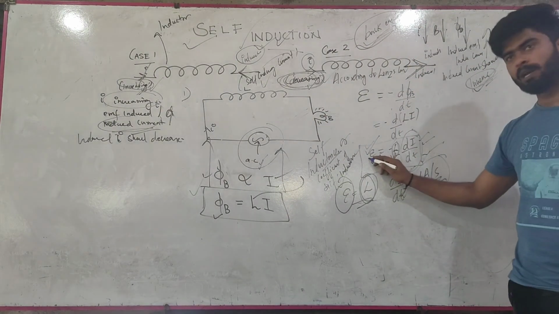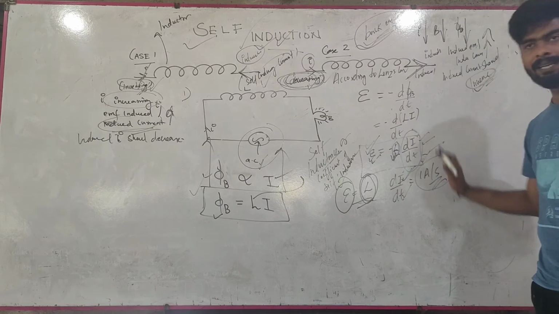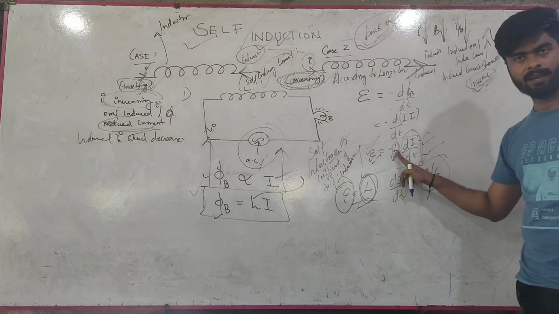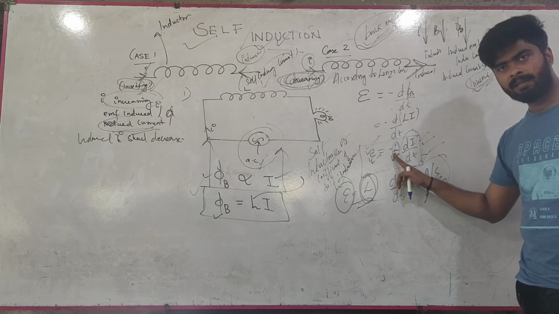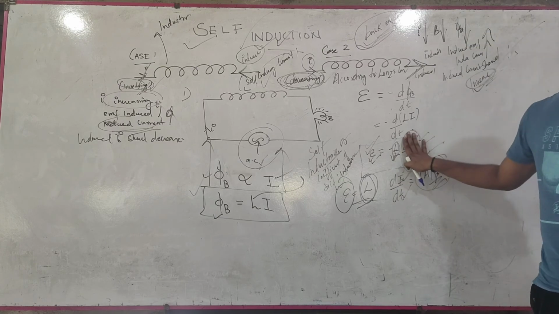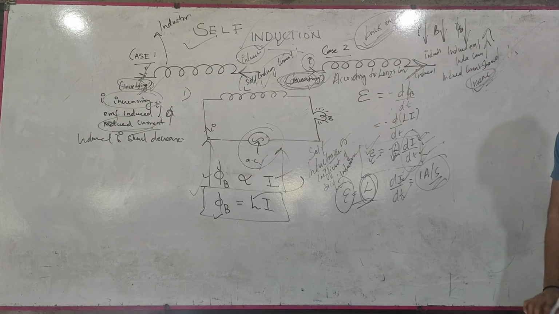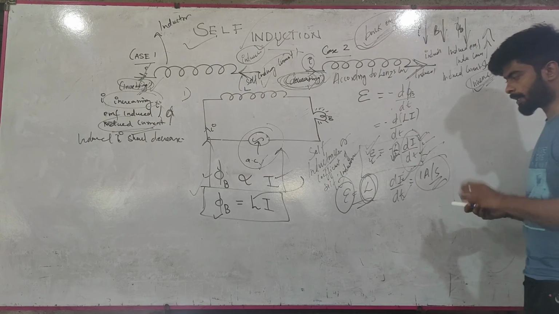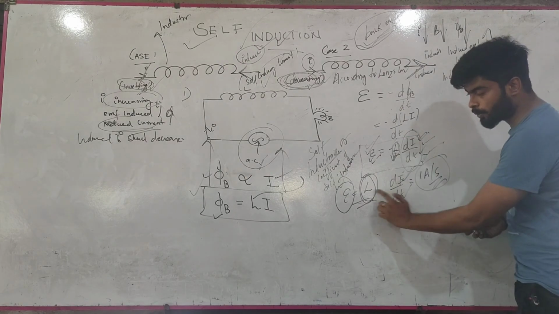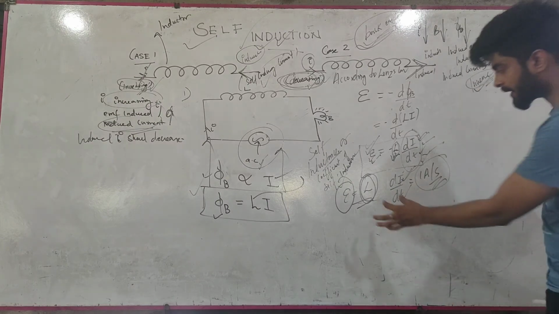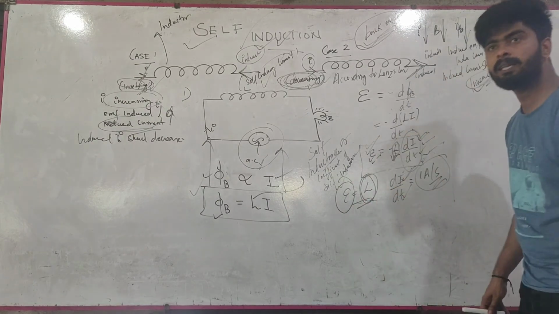Since you know the formula for EMF, which is equal to minus L di by dt, to define L we have to keep the right hand side unity. So di by dt will be 1 ampere per second. If it becomes 1 ampere per second, L will become equal to EMF. Self-inductance will be numerically equal to EMF.